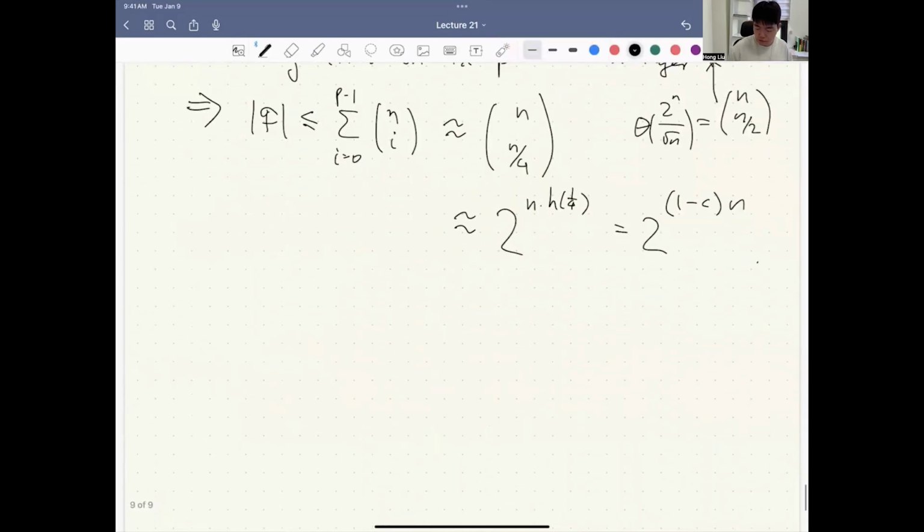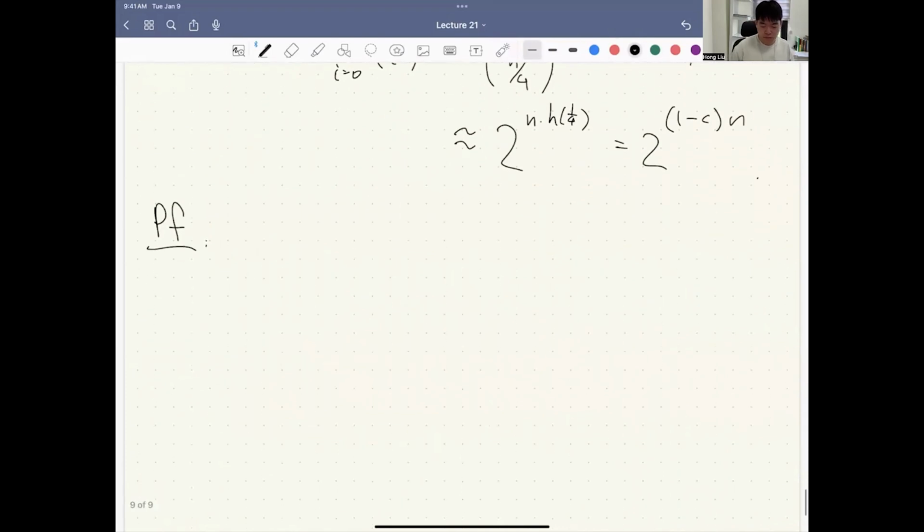Proof. We will associate now an n-variate polynomial of degree p minus 1.